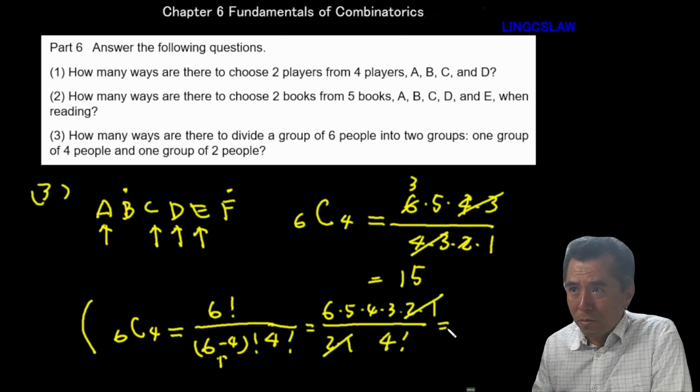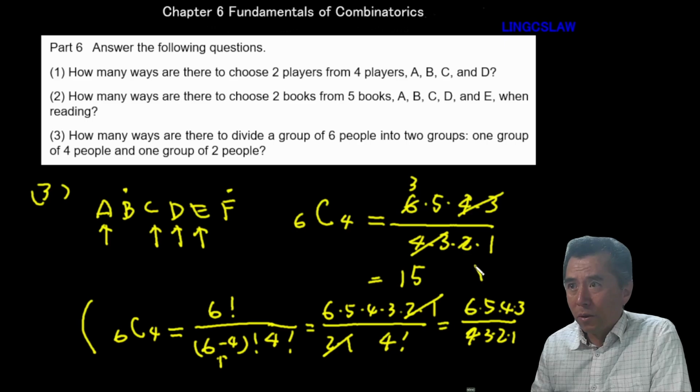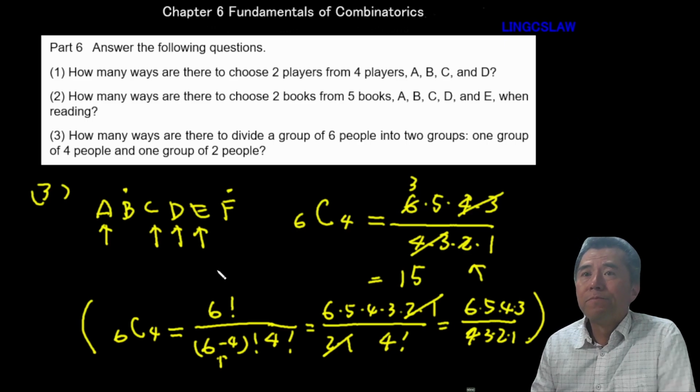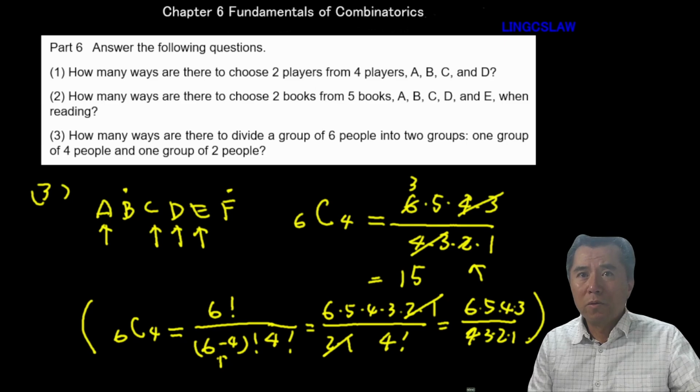So 6, 5, 4, 3 divided by 4, 3, 2, 1. So this one. Okay, let's go on to the next one.